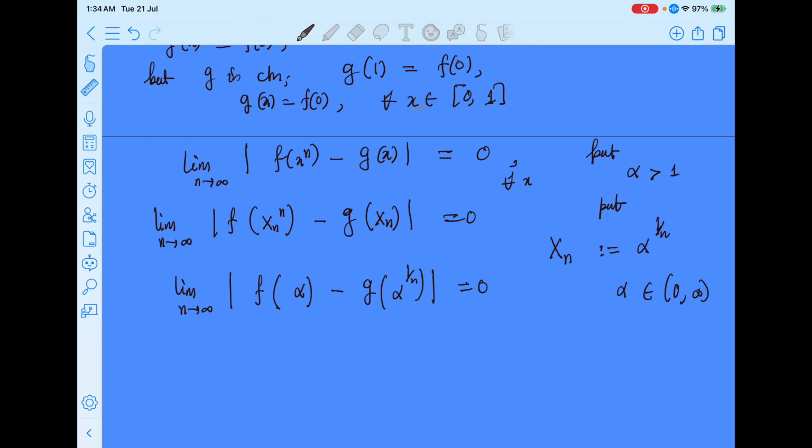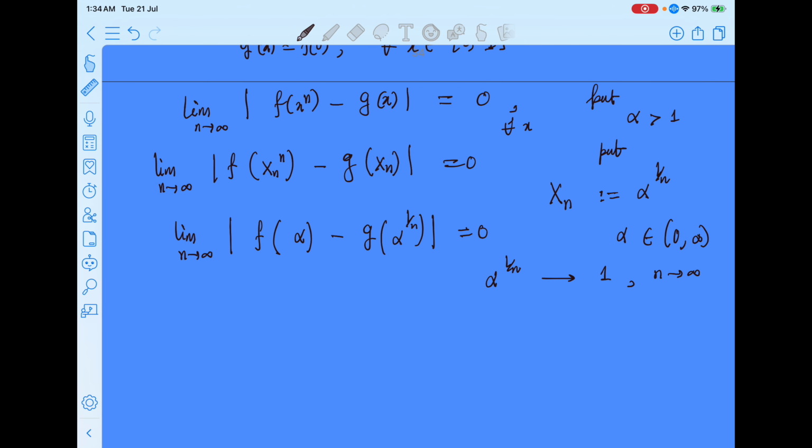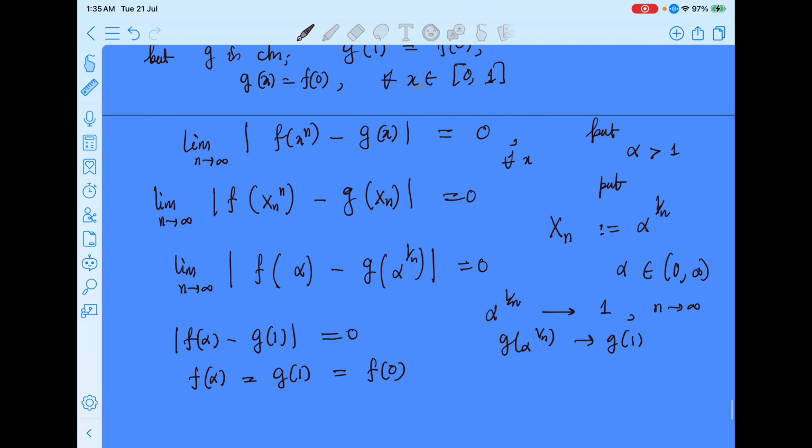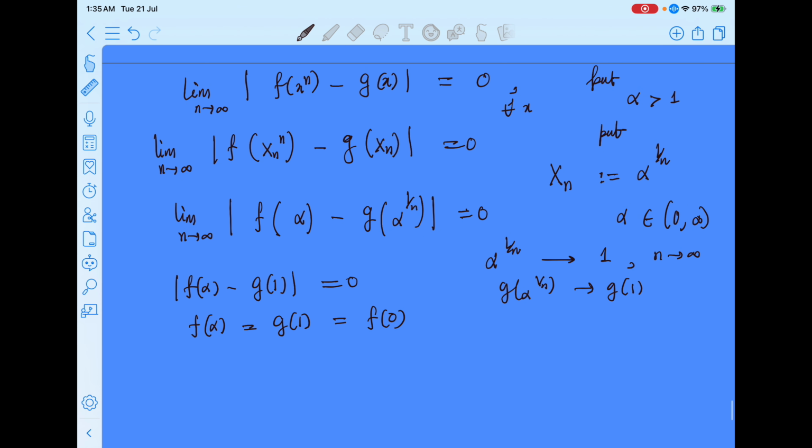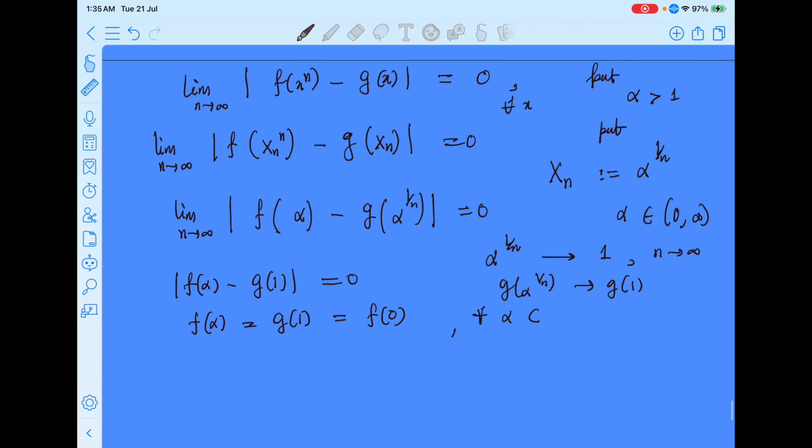Now we know that alpha^(1/n) tends to 1 as n tends to infinity, and then g(alpha^(1/n)) tends to g(1). So f(alpha) minus g(1) is 0, then f(alpha) equals g(1), that is f(0), right? So f(alpha) equals f(0) for all alpha inside (0, infinity).